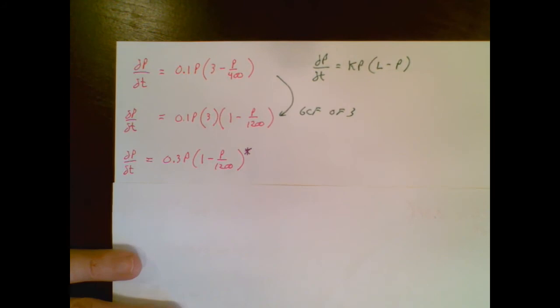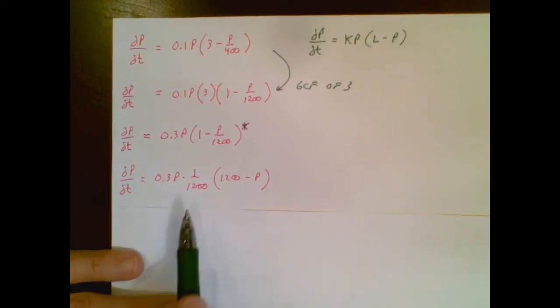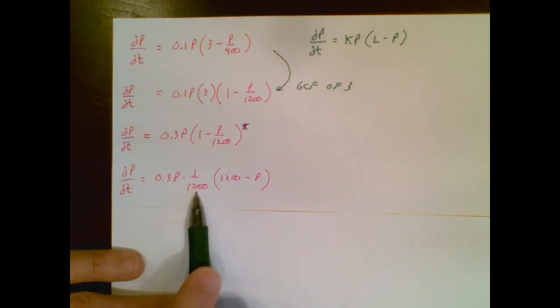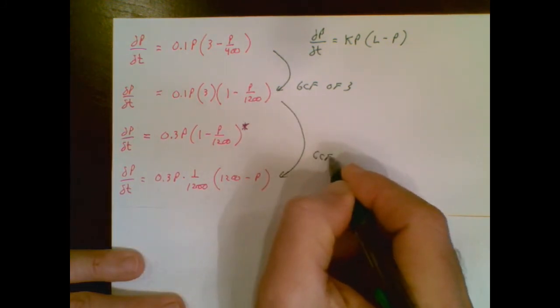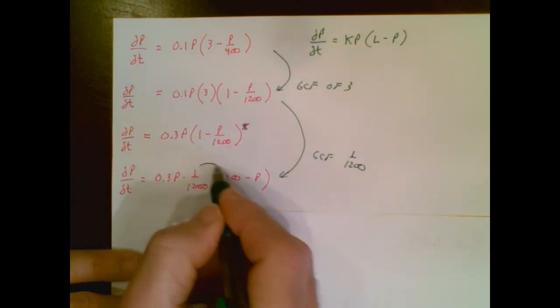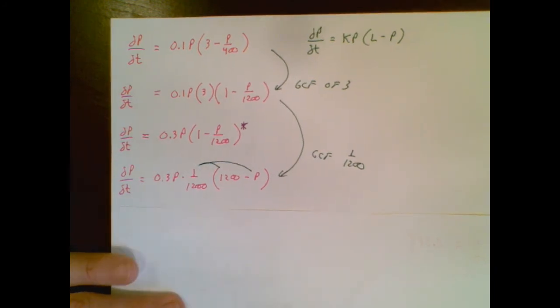This 1200 in the denominator is annoying me. Well, I can get rid of that 1200 in the denominator by factoring out a 1 over 1200. So that's another GCF. If you're skeptical, distribute it back and see if you end up back there, which you would.